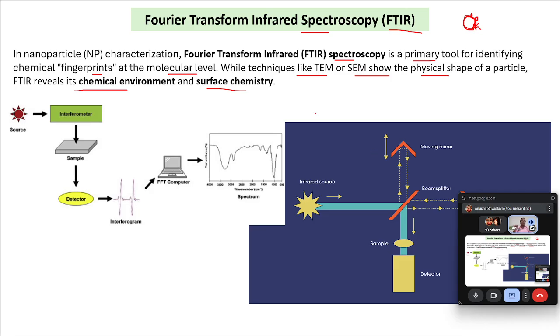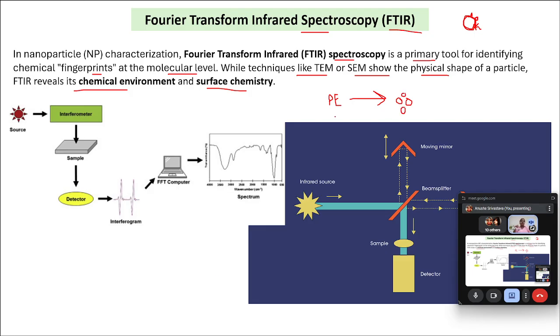Another scenario could be, suppose we were talking about taking plant extract. We were talking about green synthesis, in which we were taking plant extract and using it to synthesize metallic nanoparticles. There were metal precursors, and based on that, we were synthesizing nanoparticles.